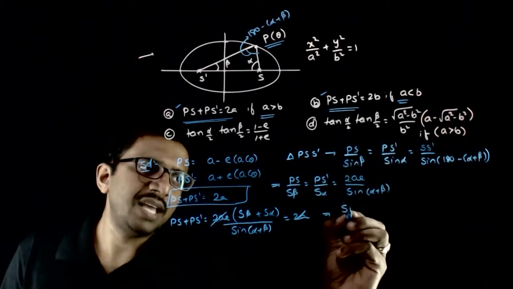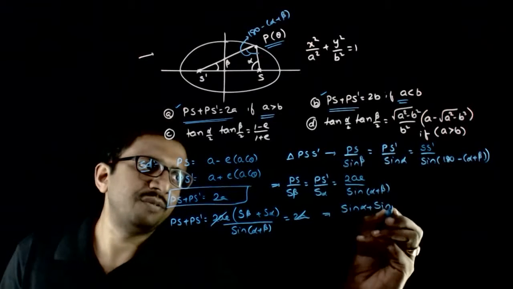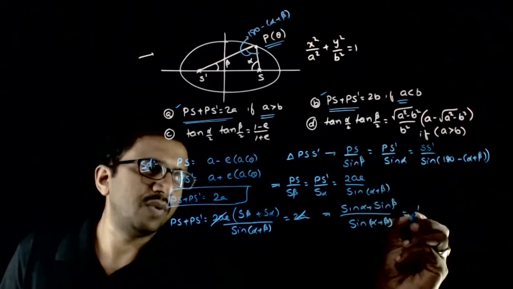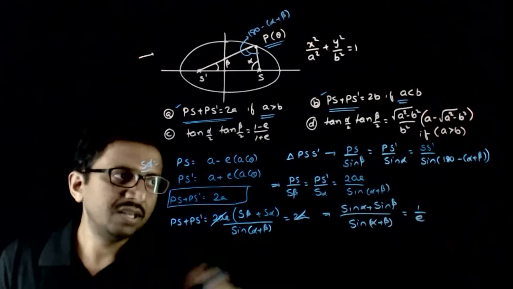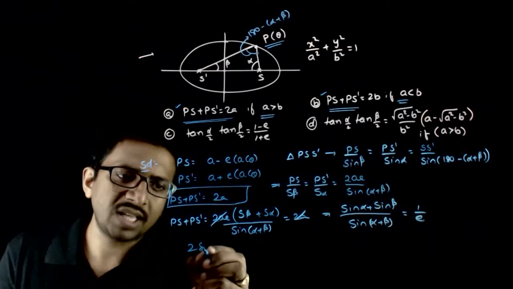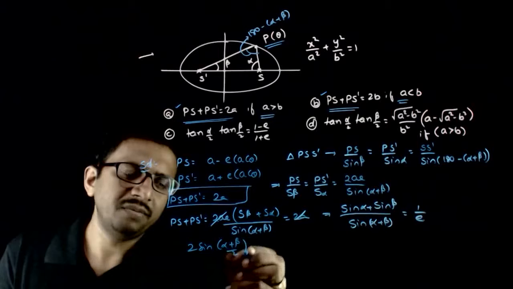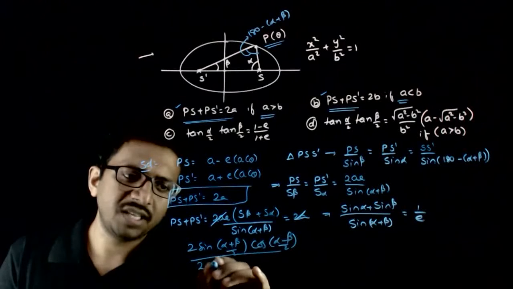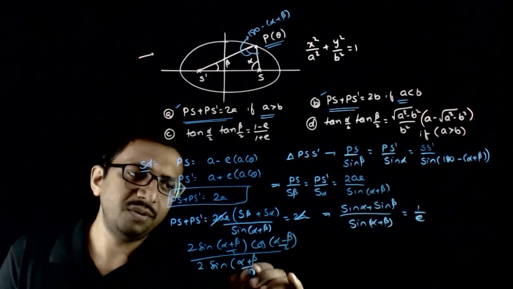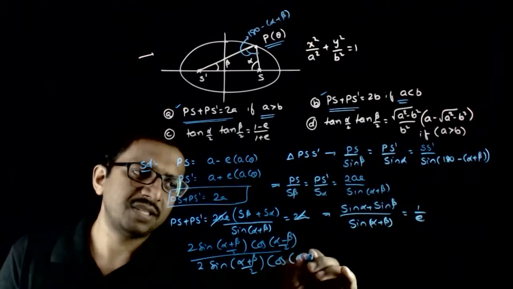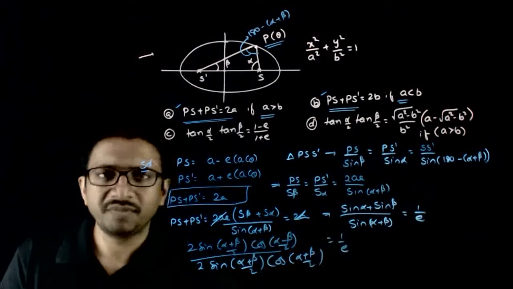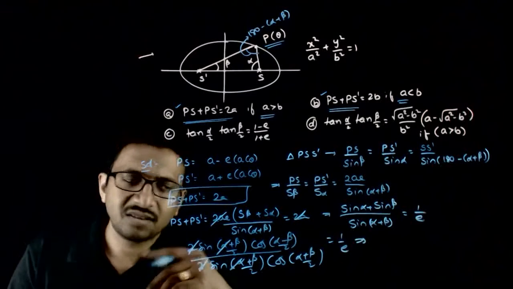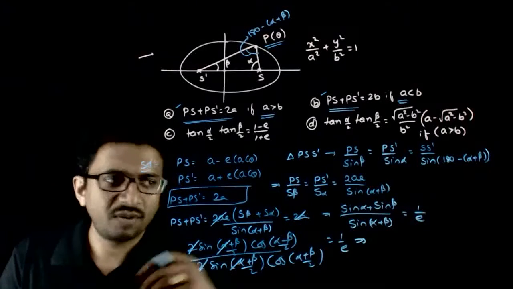This implies (sine alpha plus sine beta) by sine of (alpha plus beta) is equal to 1 by E. So what is sine alpha plus sine beta? It is 2 sine of (alpha plus beta) by 2 into cos of (alpha minus beta) by 2, divided by sine of (alpha plus beta), which can be written as 2 sine of (alpha plus beta) by 2 into cos of (alpha plus beta) by 2, is equal to 1 by E. So 2 sine (alpha plus beta) by 2 gets cancelled. This implies cos of (alpha minus beta) by 2 divided by cos of (alpha plus beta) by 2 is equal to 1 by E.